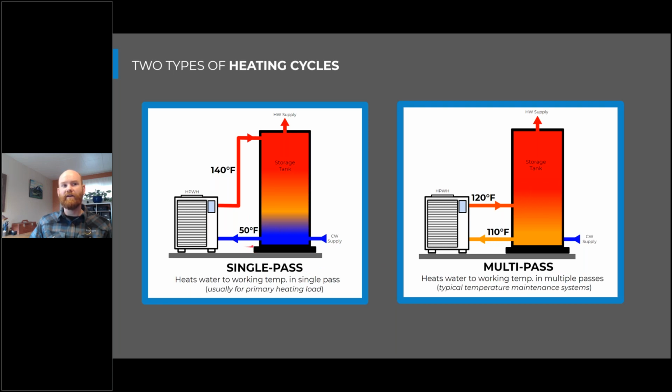So if this water gets above 100 to 110 degrees, it's going to struggle to put heat into water and maintain a good operational point. That's where multi-pass heat pump water heaters really shine, is they're much better at just putting as much heat in the water as they can, but need to do it through multiple passes. And it's typically a little less efficient, but in general, the multi-pass heat pump water heater is better suited for that temperature maintenance load or keeping the water hot in the distribution piping.